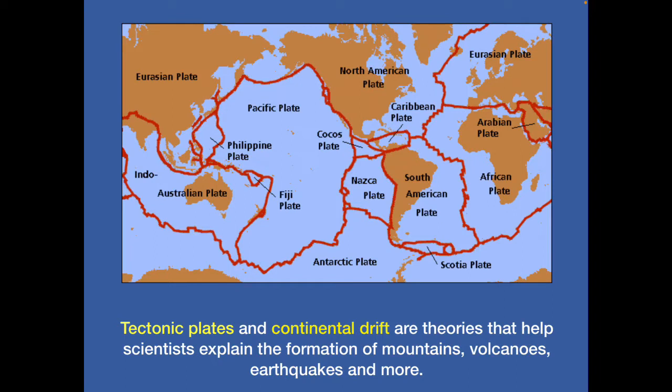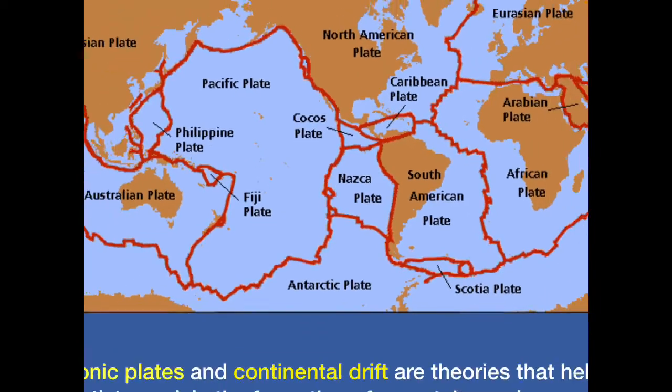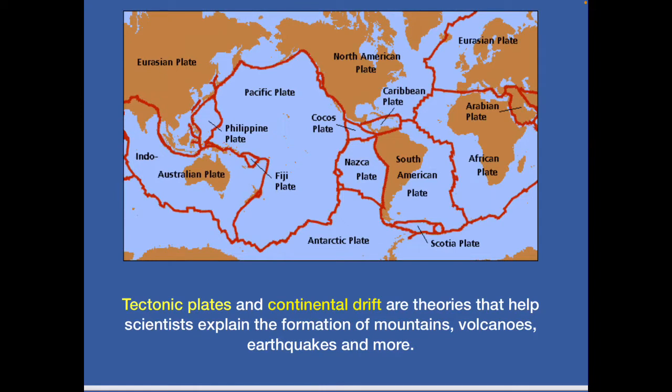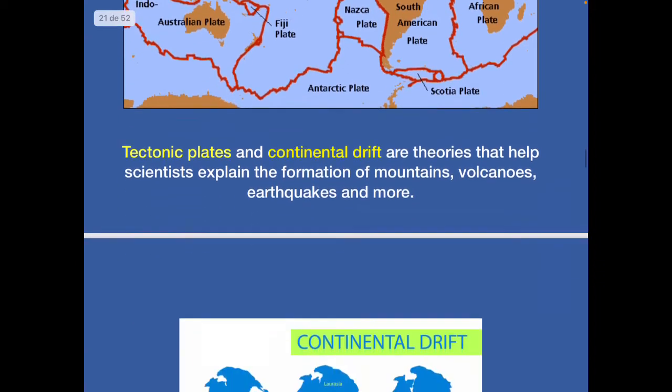It is not like speaking in everyday language when we say, oh, that's just a theory, and we say a crazy thing. No, in science, a theory is something that has a lot of evidence behind it, that is actually proven by a lot of evidence. And what is the evidence that we have that these plates actually exist and that they are moving around in this thing called continental drift?